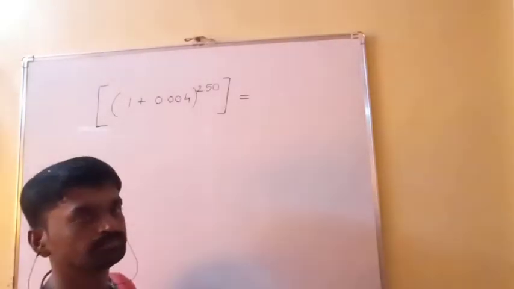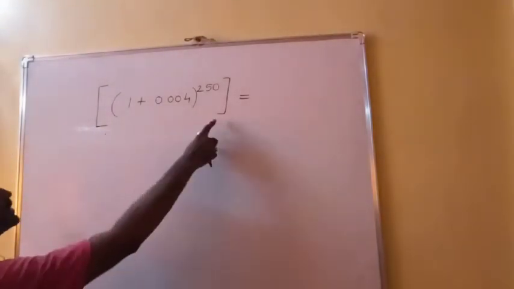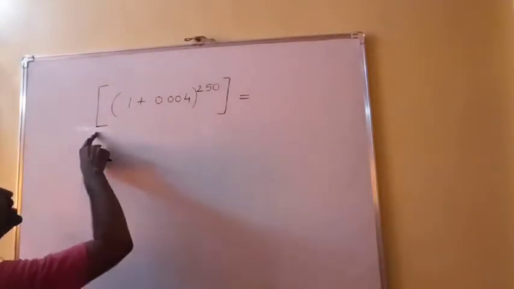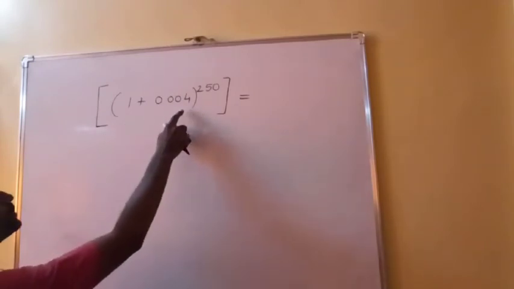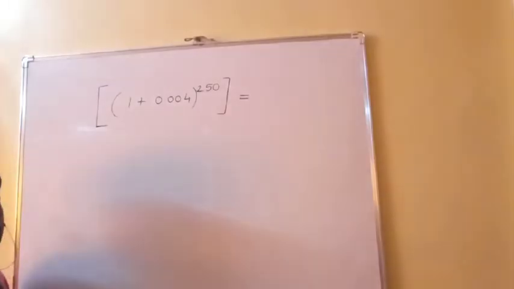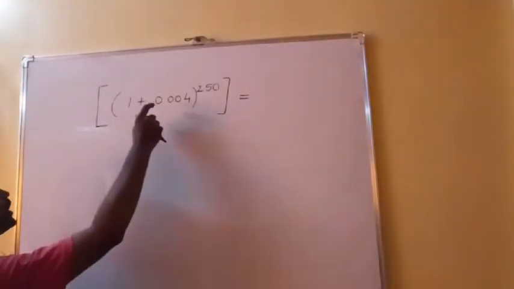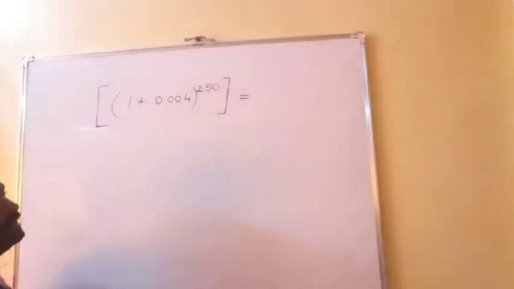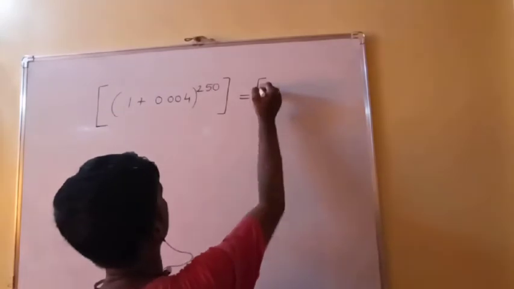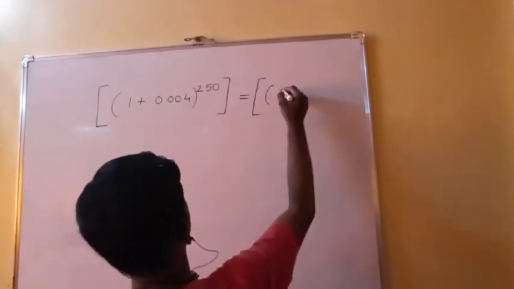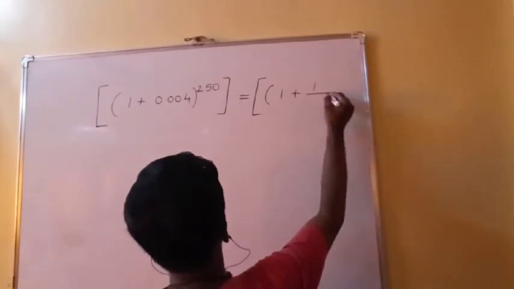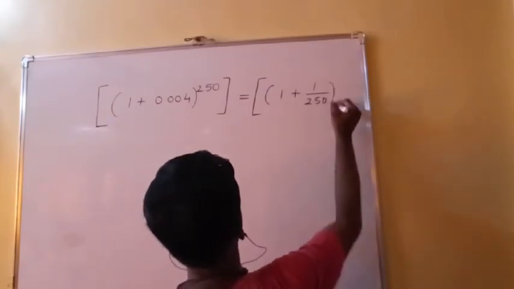One more problem. This bracket denotes the step function, that is the greatest integer function, of (1 + 0.004)^250. That means we have to find the integral part of this number. Then if you observe this binomial, we can also write it as (1 + 1/250)^250.